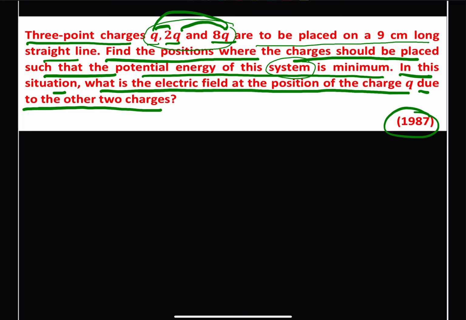So it means for a minimum potential energy, the value of R should be as large as possible. So they should be placed farthest from each other, all the charges.